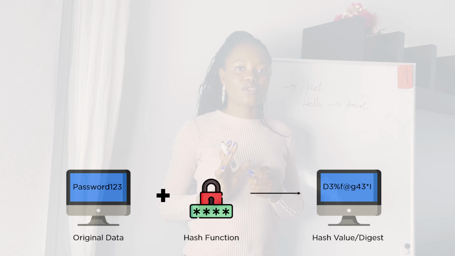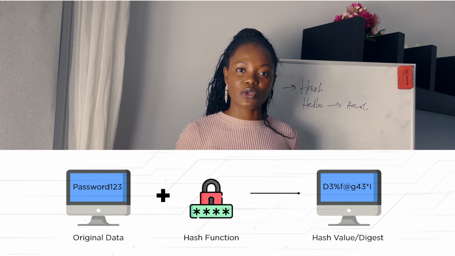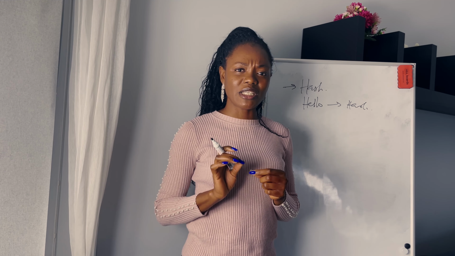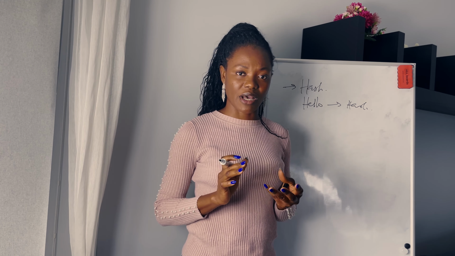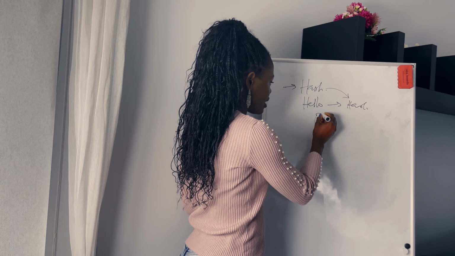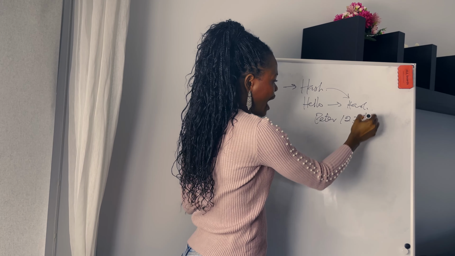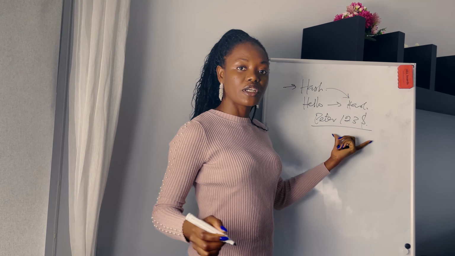Why this is so is because we use hashing in password databases. For some of you that are familiar with password managers like LastPass, they usually store passwords using hash. Say, for example, you have your password as Peter123, which is not the best password, and you want to store it in their database.